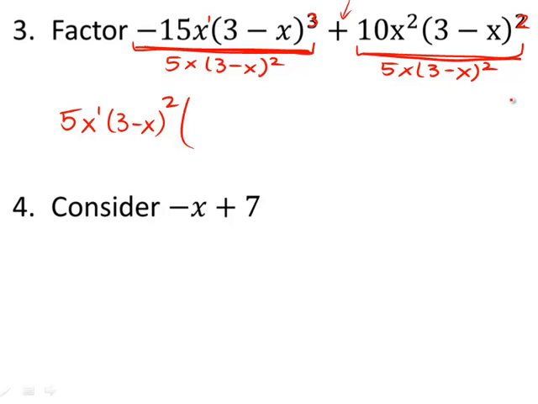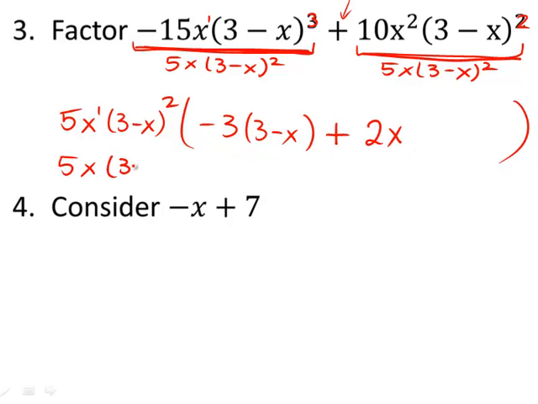And see what's left. In our first term, negative 15 over 5 is negative 3. X over x is gone, simplifies to 1. And we have 1 left of the 3 minus x. Plus 10 over 5 is 2, x to the 2 over x is x, and these both cancel out. Let's just clean up this last bit here.